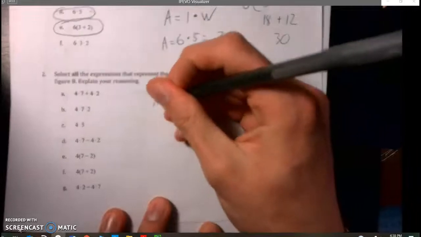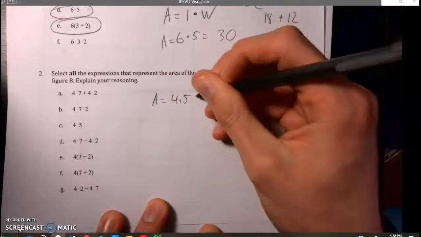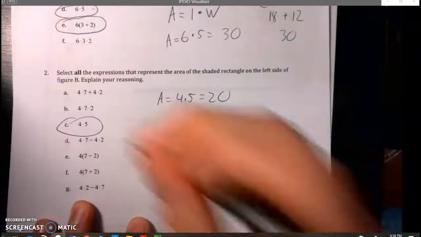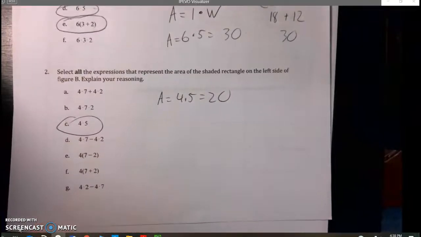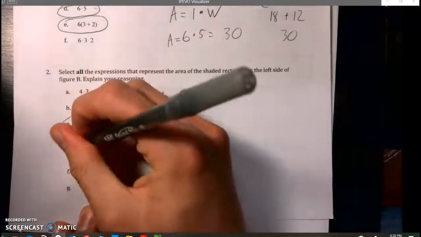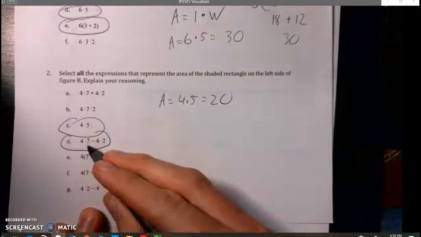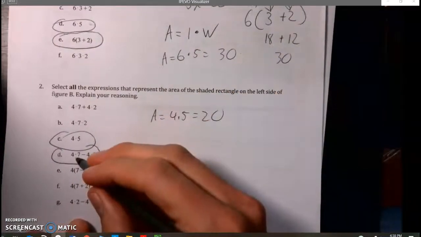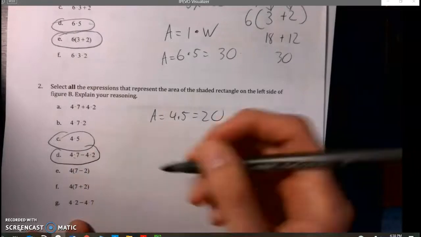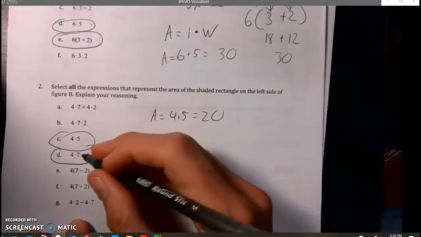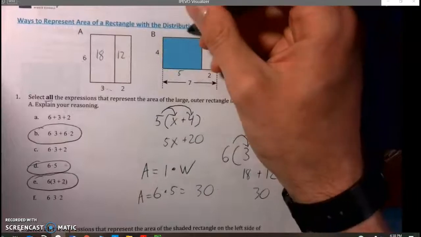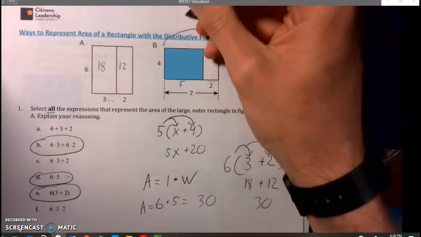So 4 times 5 would get me my answer. All right, so I can see that's right there. D would also give me my answer, because D is finding the area of the whole thing, so that 4 times 7, which is 28. And so the area of this whole thing is 28.